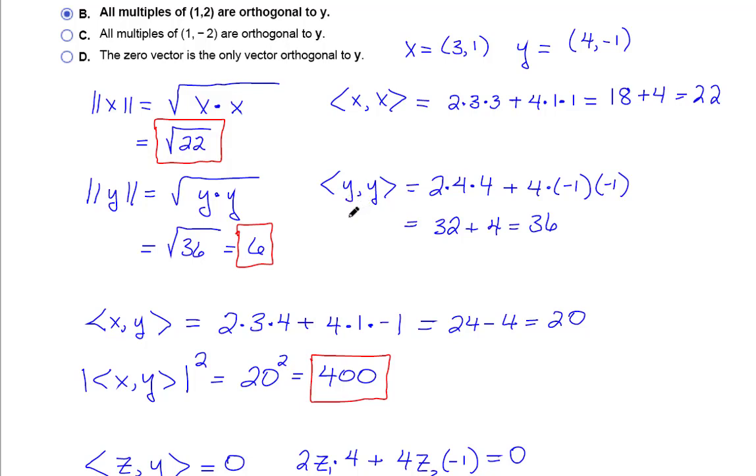Now, different inner products can have different formulas. So in this case, we're using the one they gave us. And so we've got 2 times 16 is 32, plus 4 is 36, and the square root of that is 6. All right, so those are the two lengths they asked us to find.